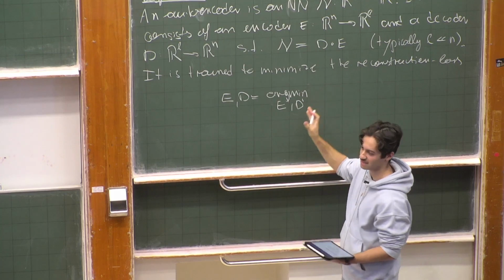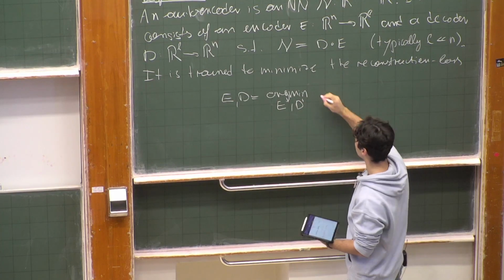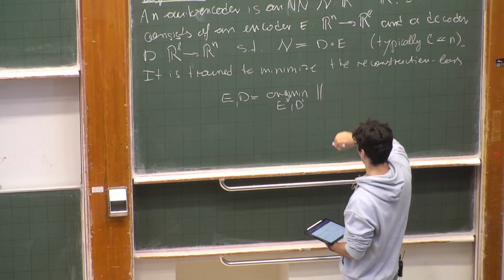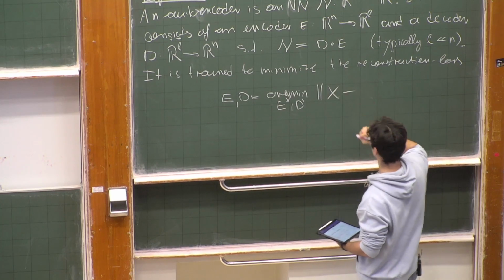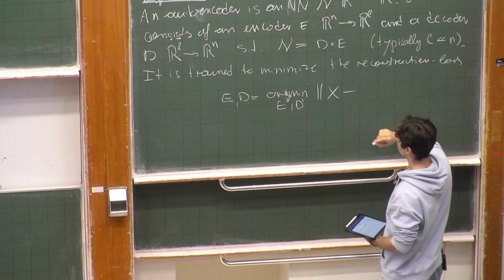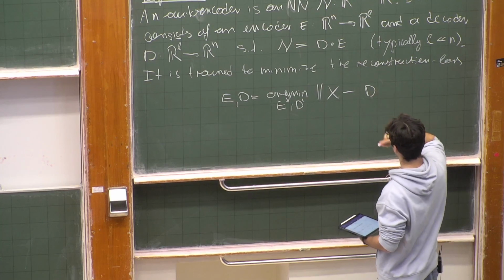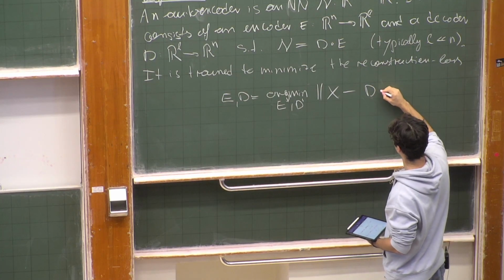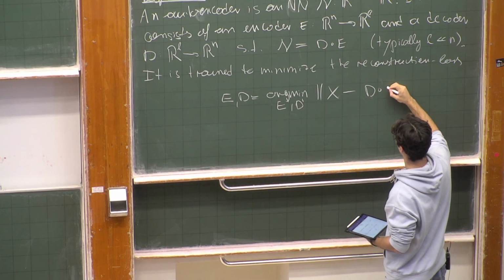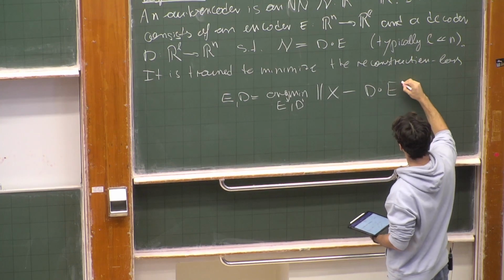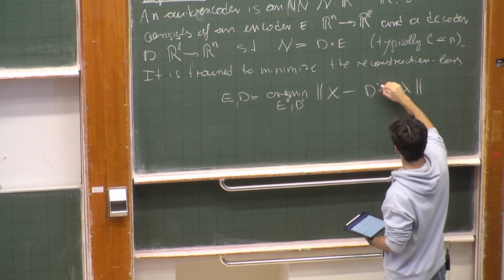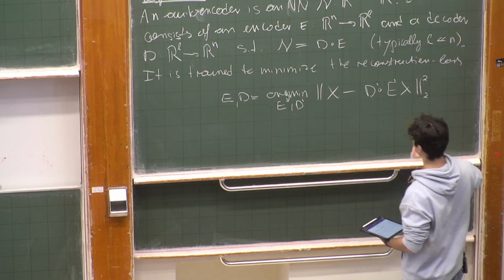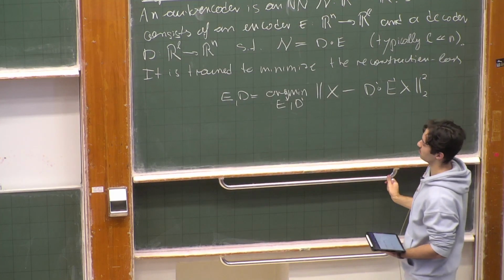So you want to minimize over the weights and the biases. And what you minimize is the residual between the data and the output of the network in the L2 norm. I will take a minute to ponder on this.